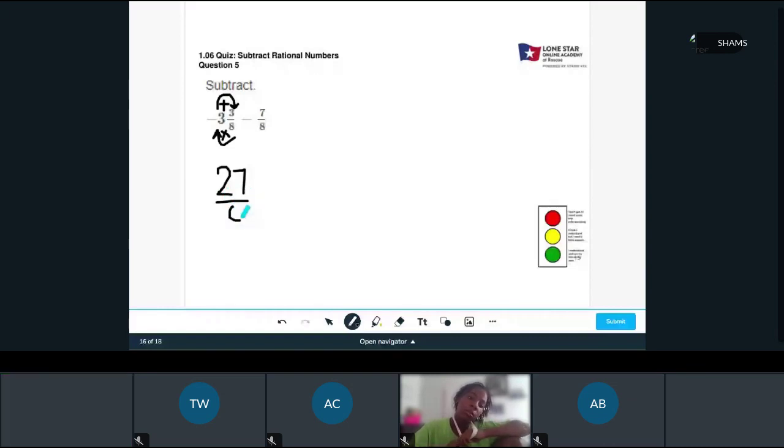And the other fraction is 7/8. You guys are saying we want to combine them, we want to add them, right? Because there is a negative fraction and there's a subtraction sign, you want to think about combining the two. So basically, yes, we are thinking about adding, combining them and keeping that negative sign.